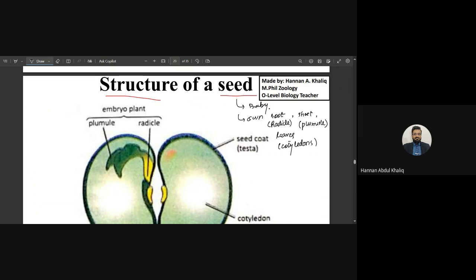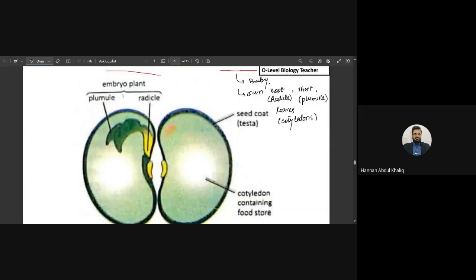This is very easy to understand if we make an analogy with the human baby. A normal baby contains all the organs, and it just grows those organs once the baby is born. So it is a very typical concept. Every time we look at the seed, always remember the root would come out of the point called the radicle.